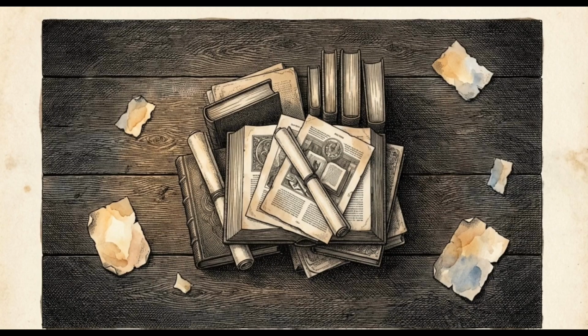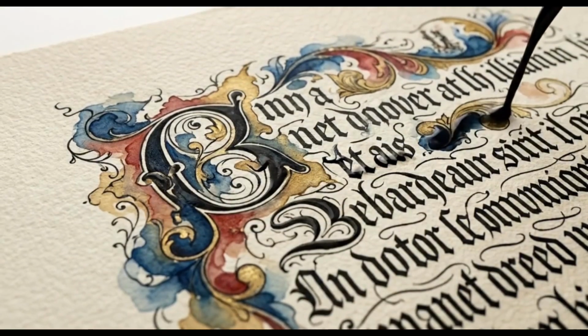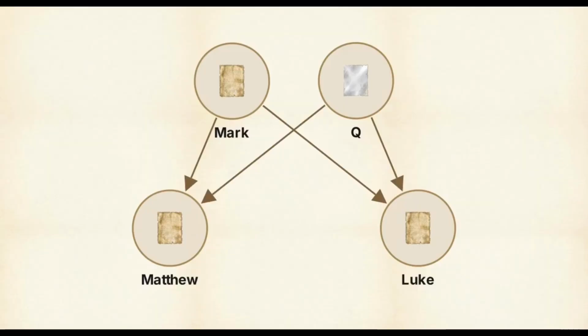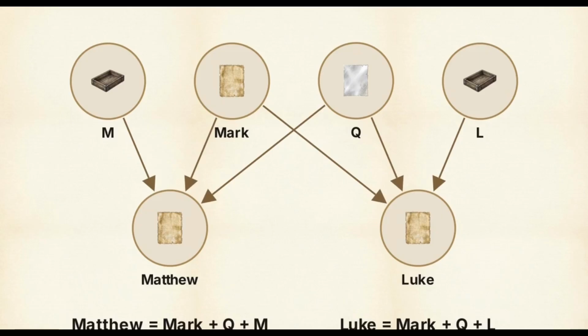Even with Mark and Q, we still find textual outliers. Matthew and Luke both contain unique historical data and specific parables found nowhere else in the biblical record. Looking at this model, we add node M for material unique to Matthew's community and L for data unique to Luke's. We can now express their construction as clear equations.